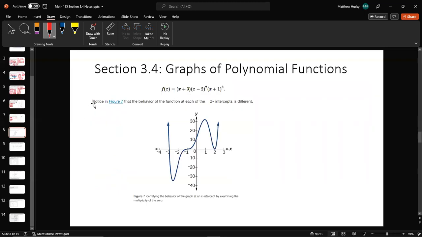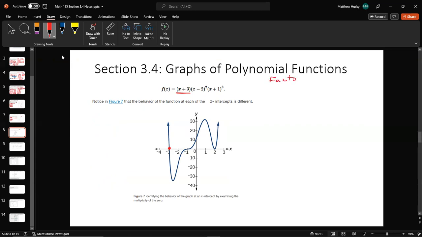So then here they say, notice the end behavior of the function at each of the x-intercepts is different. Okay, so here's the next big idea that we have going on here. So this is the -3, and fun fact, that's going to correspond to what are called factors.